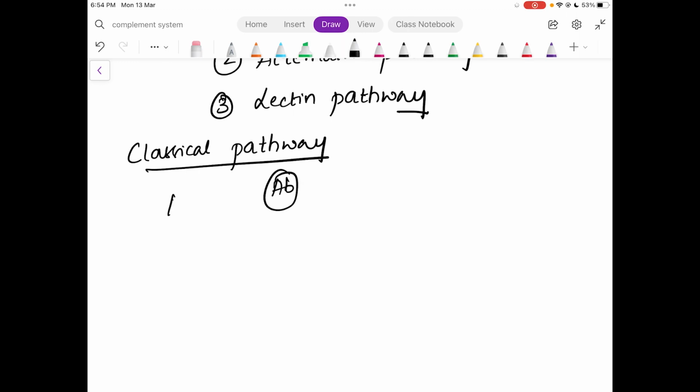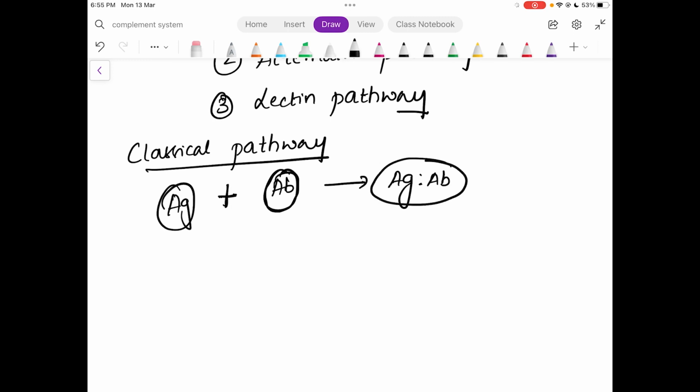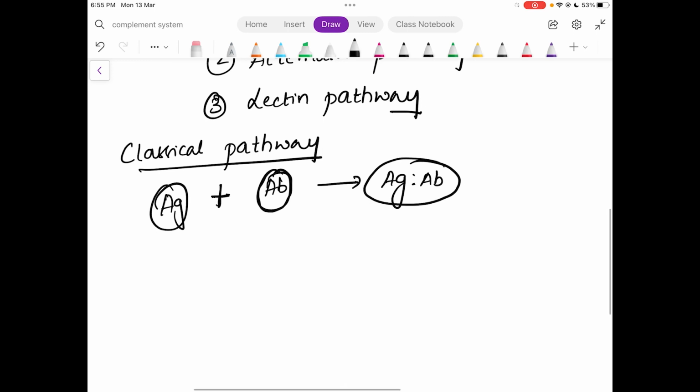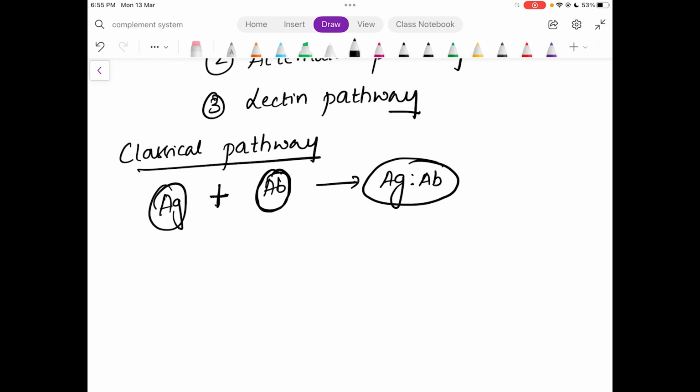The antigens evoke antibody formation, and the antigen and antibody combine together to form a complex called the antigen-antibody complex. Whenever this complex is formed, it will bind to C1.